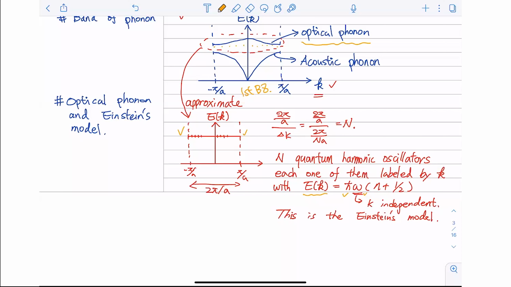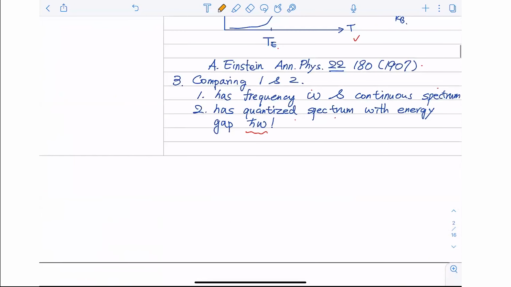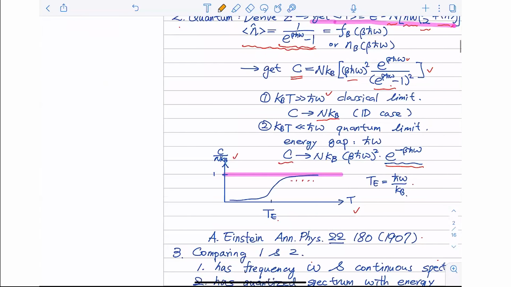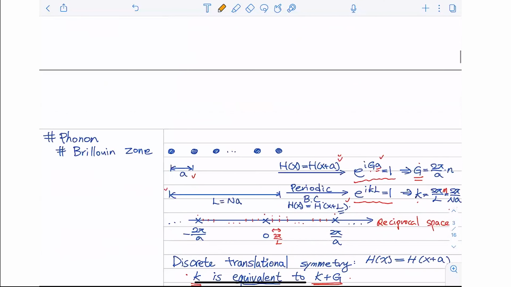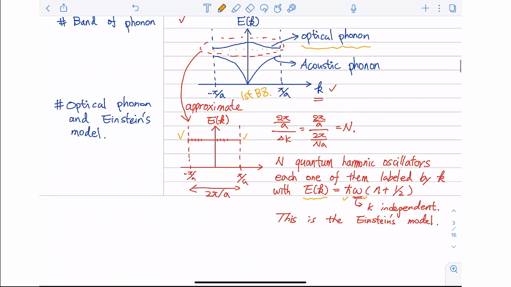So for this flat band of optical phonon, that is the independent quantum oscillator we just discussed. That is basically Einstein's model for the phonon mode.